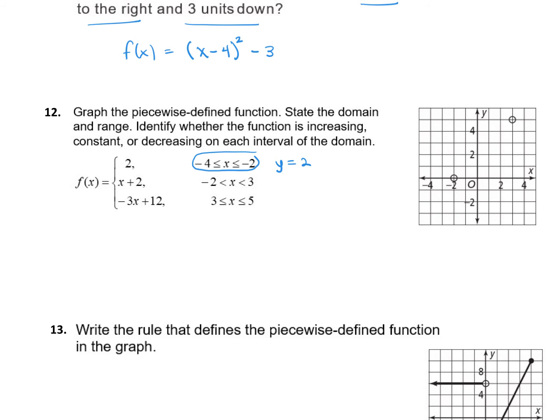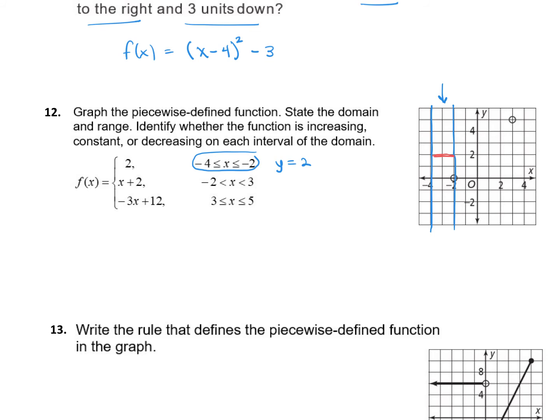So I'm going to go ahead and draw a vertical line at -4 and a vertical line at -2. And I want that line y equals 2 in that interval, just between those two lines. So y equals 2, like we said, is horizontal. That's the piece of that line that we want.